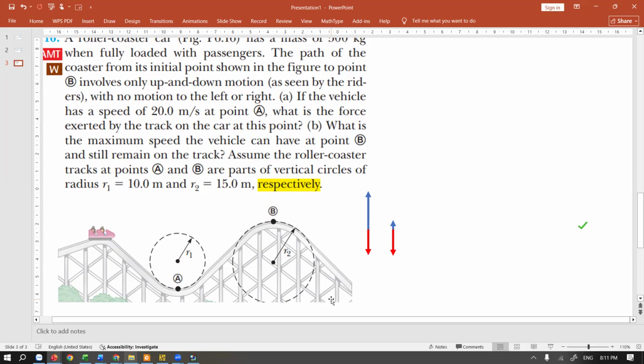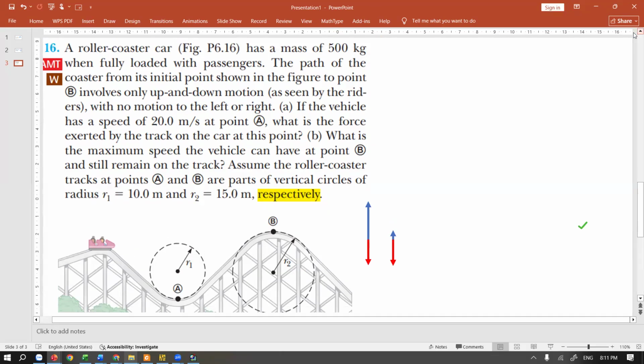Then you can say, at A, you have mg plus NA equal to m a_c at A, right?